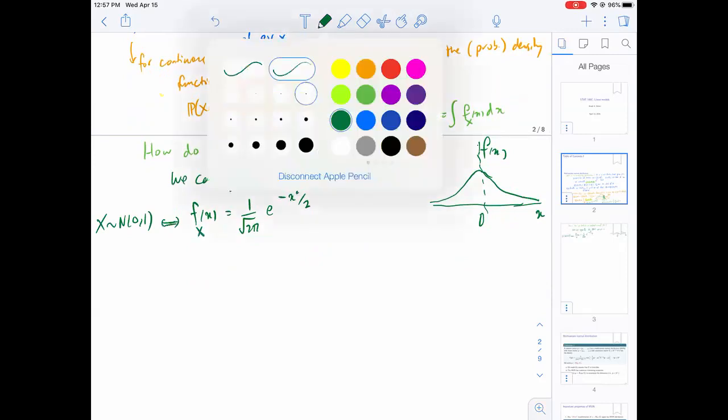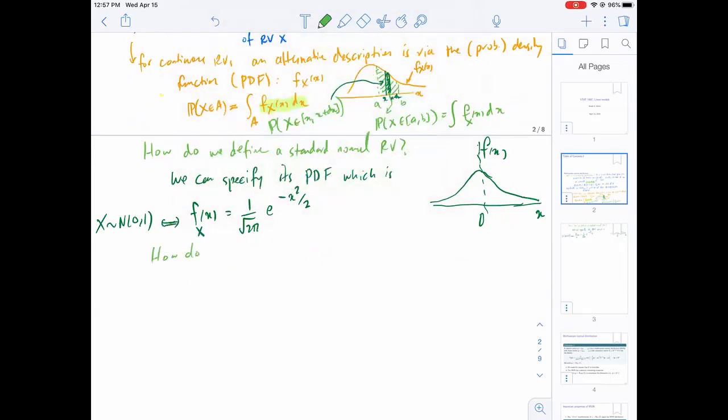So how do we define the general normal with mean mu and variance sigma squared? How do we define this distribution? Isn't it 1 over square root of 2 pi sigma and then e to the negative x minus mu squared over 2 sigma?